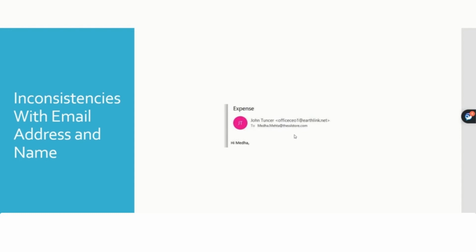Most companies, even my email, are name at companyname.com, .net, whatever. So if you get an email from, let's say your boss was John Tunzer at company.com, and you see this, you can tell that's not actually from him. They're just spoofing the name to make you think it is him. It's a good thing to always check that.